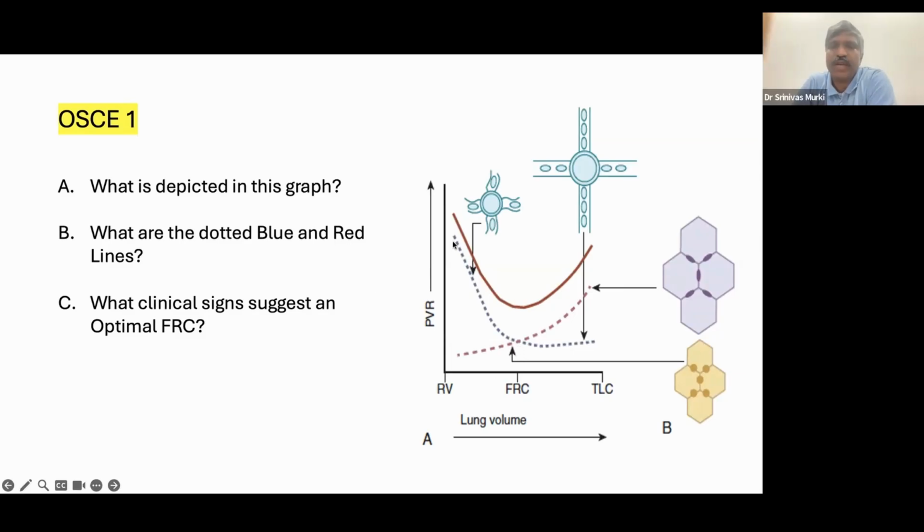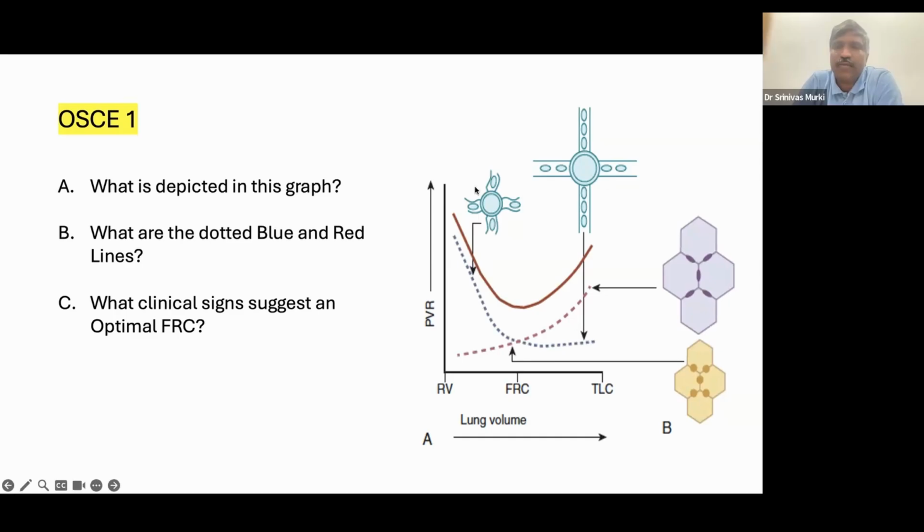That will increase the PVR as seen in the dotted blue line. So the other ones are the interacinar, or those blood vessels which are not between the alveoli but at the junctions of the alveoli, which are extra-alveolar capillaries. When the alveoli expand, these capillaries which are at the junction, like what you can see in the top curve here, also open up with the alveoli.